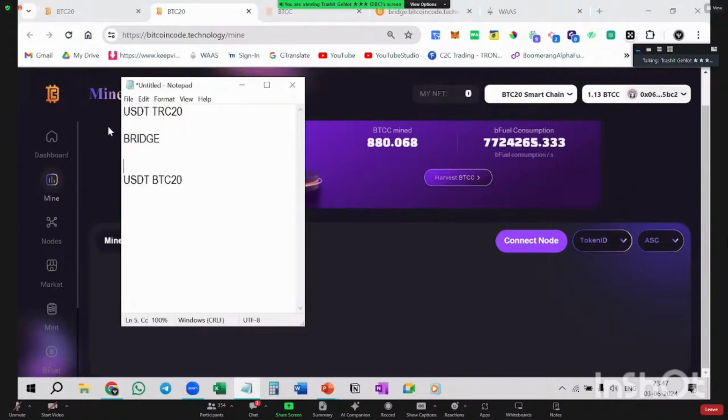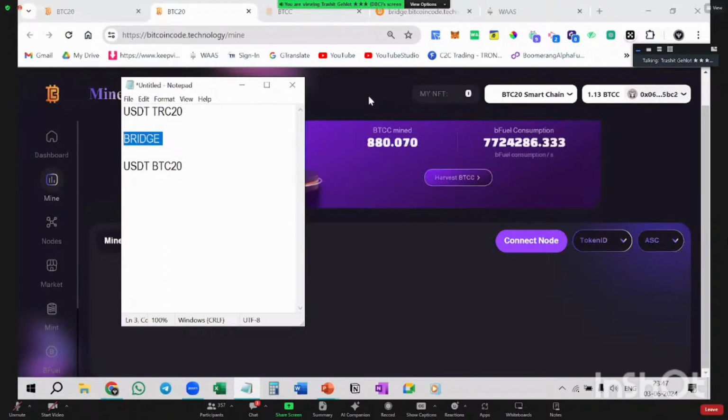Now, there are many platforms that are already available as bridge. The charges may vary. Both the blockchains will charge, and in a way you will be receiving the same asset across multiple blockchains using a bridge.